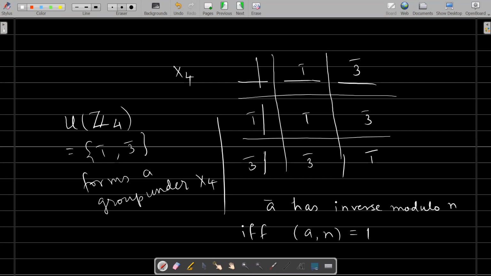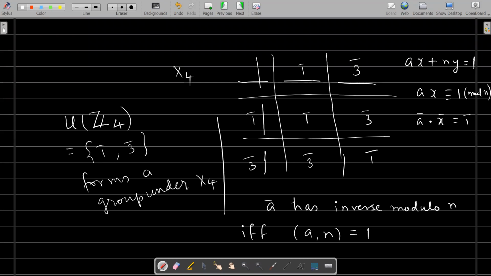In fact, once GCD is 1, by Bezout's theorem, there is some combination of a and n, some ax plus ny is 1. And therefore, when I work modulo n, I get ax is 1 mod n, so in terms of classes, a bar into x bar is 1 bar.